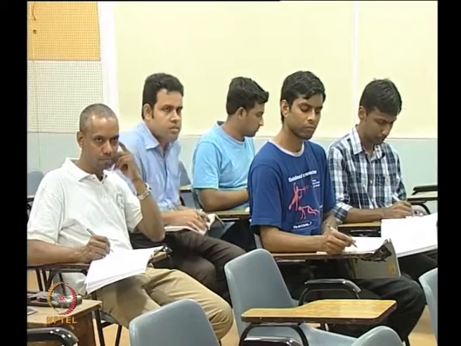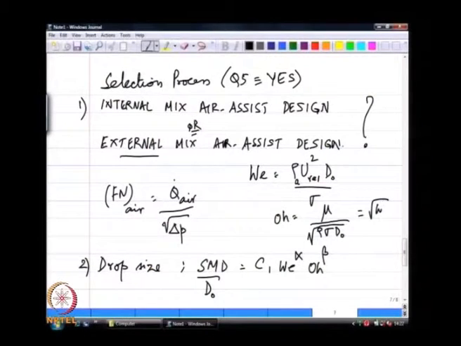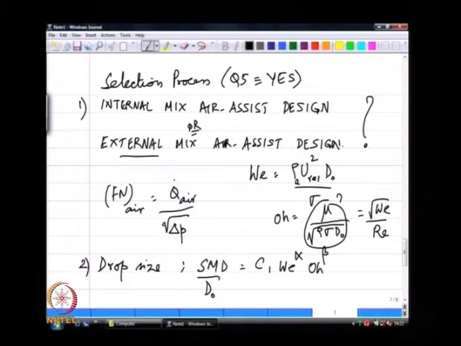Another way of thinking of this is essentially the square root of the Weber number divided by the Reynolds number. This is an easier way to remember it. The Reynolds number is defined as rho u relative d0 divided by mu.